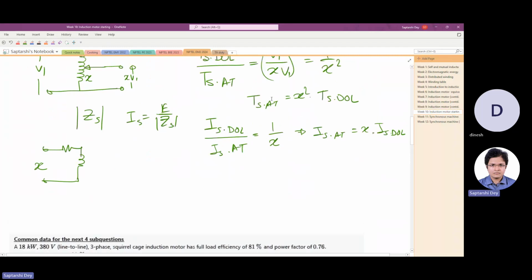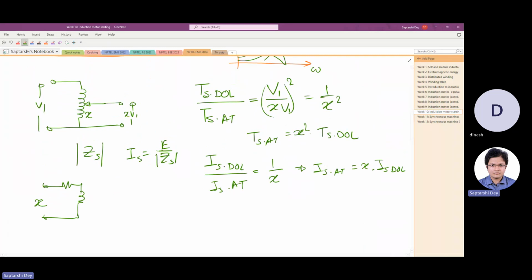Now if you look here at the auto transformer, and suppose a current of X times Is DOL is being drawn by the motor, then by energy conservation, the current that is being drawn from the supply through the auto transformer is X squared times Is DOL.